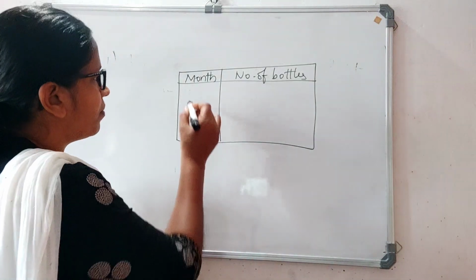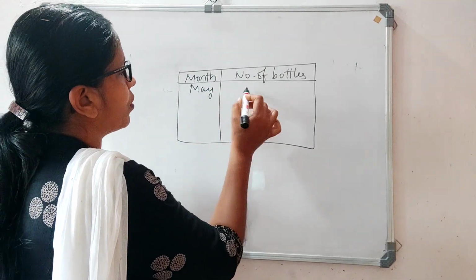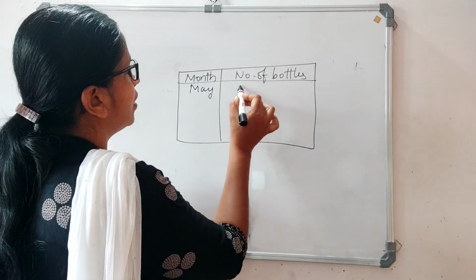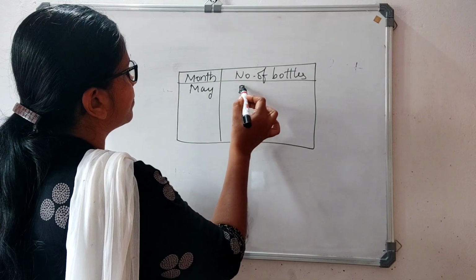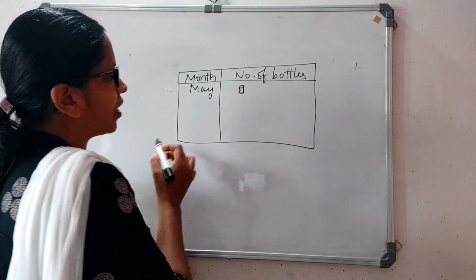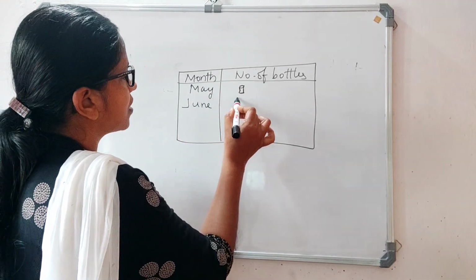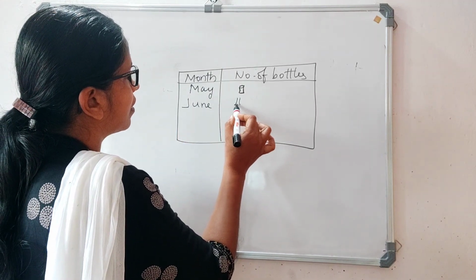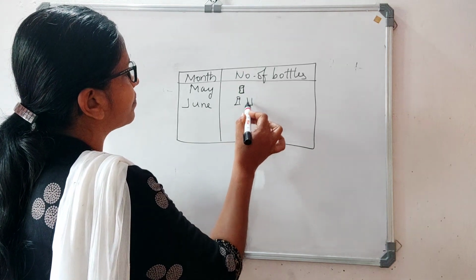So in the month of May, that is 1000 bottles, so I am drawing a bottle. Somewhat a bottle. Then June, it is 2000.